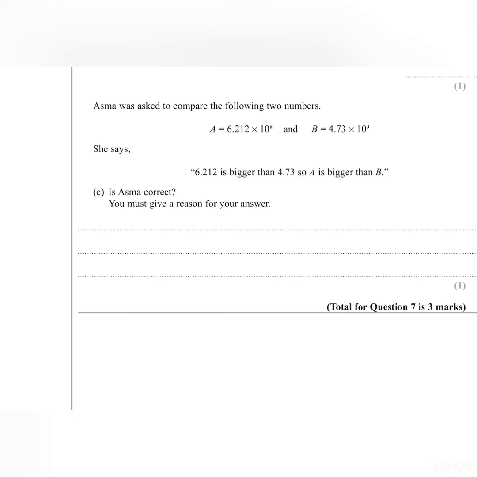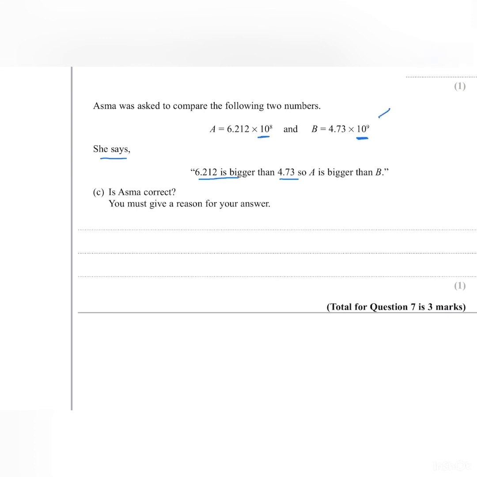Okay, then it says Asma was asked to compare the following two numbers. A equals 6.212 times 10 to the power of 8, and B equals 4.73 times 10 to the power of 9. She says that 6.212 is bigger than 4.73, so A is bigger than B. Now, is Asma correct? Okay, so Asma is not correct, because she has not taken into account the powers of 10.